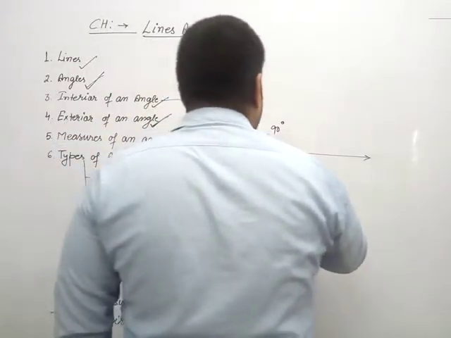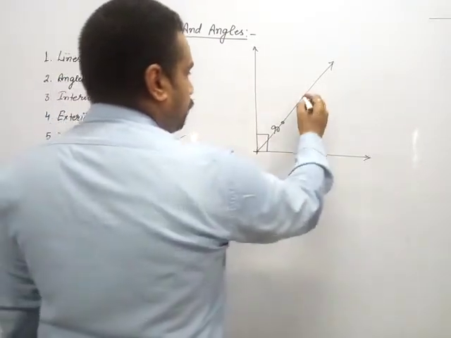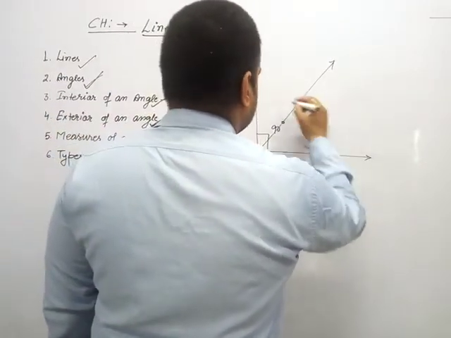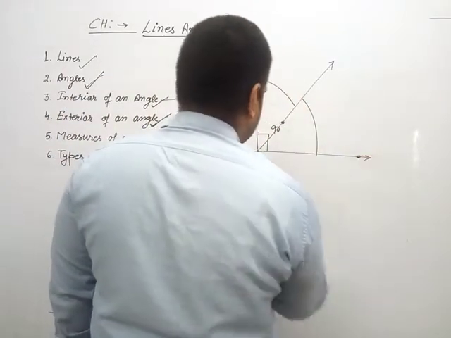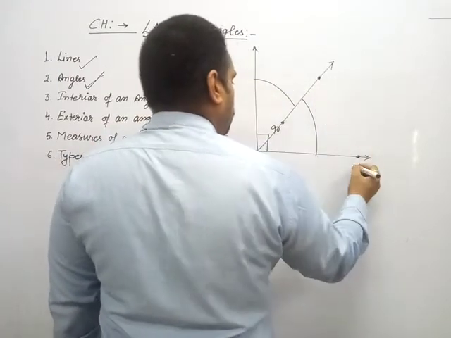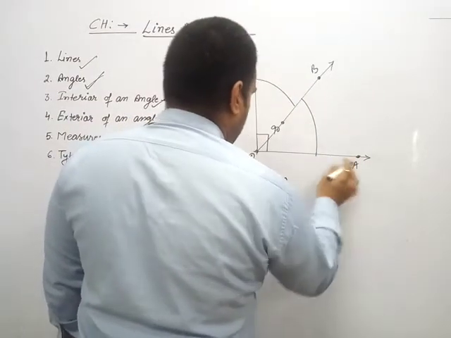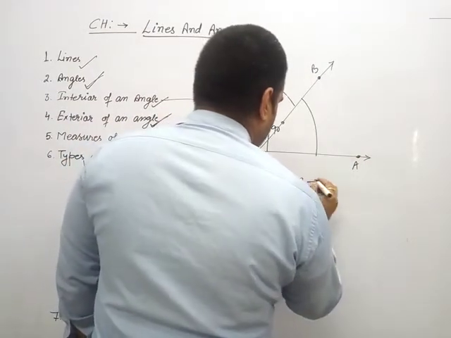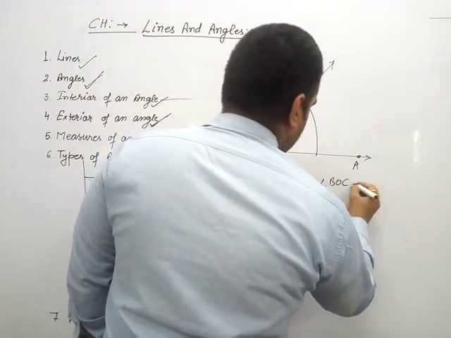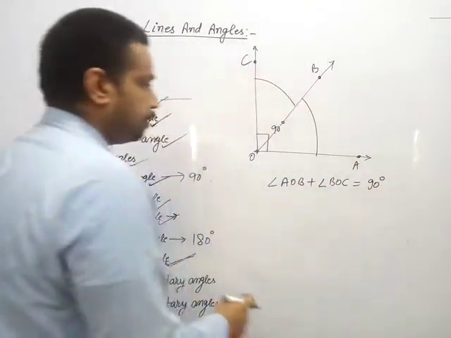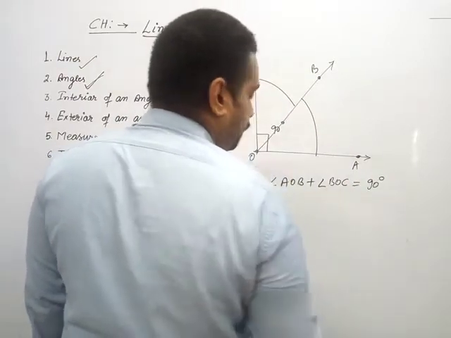If I take another ray between both the rays, then this is one angle, this is the second angle, and the sum of both the angles, angle AOB plus angle BOC, equal to 90 degrees. AOB and BOC sum is 90 degrees.